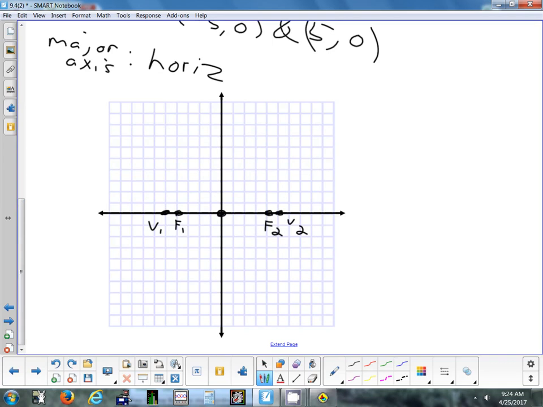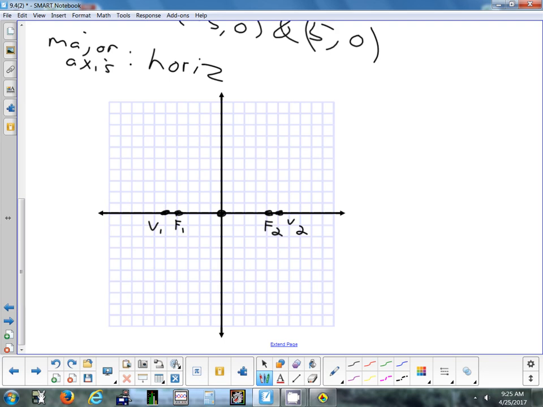And now, does anybody remember how we can figure out how wide the ellipse is? The distance on the minor axis? What letter tells me that? Well, we know that it's going to be on the 0 on the x-axis, right? Right, but I don't know how wide to make it.